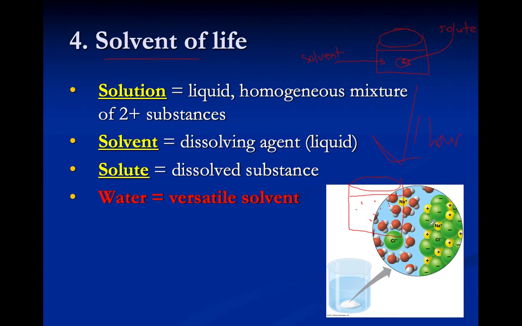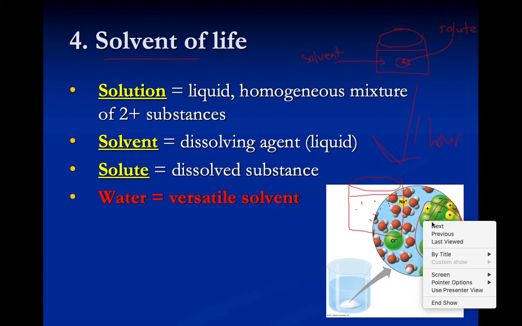Now water is really, really good at breaking these bonds. These ionic bonds are pretty strong, but if you put salt in water, you'll notice that pretty quickly it'll dissolve, especially if you stir it around a little bit. What you're basically doing is breaking apart this structure.